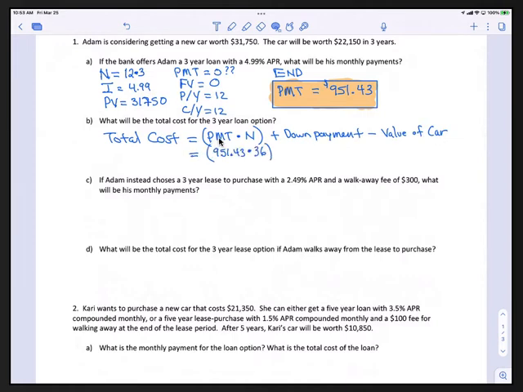The payment is the $951.43, and you're making 36 payments, so $951.43 times 36, and we do not have a down payment, so that's plus 0. It says that the value of the car is the $22,150 up here, so you're subtracting the $22,150. When you put that in your calculator, you're going to get $12,101.48.